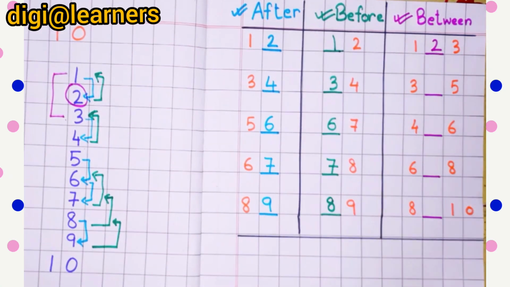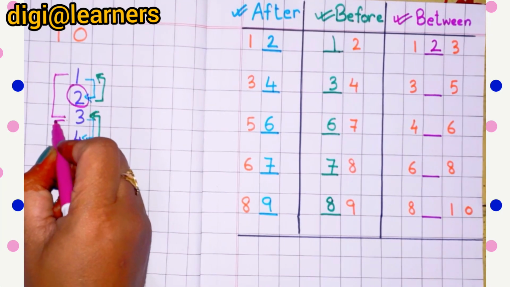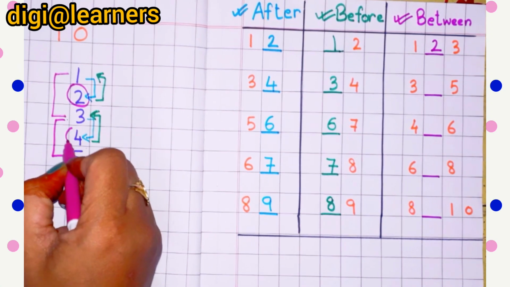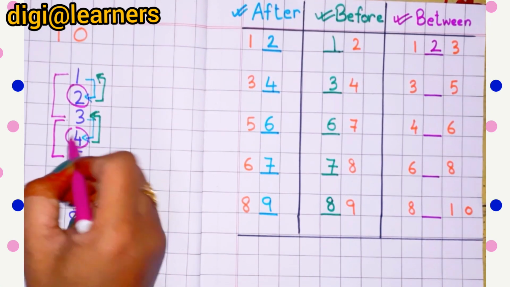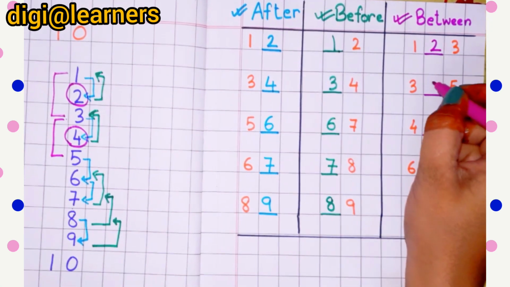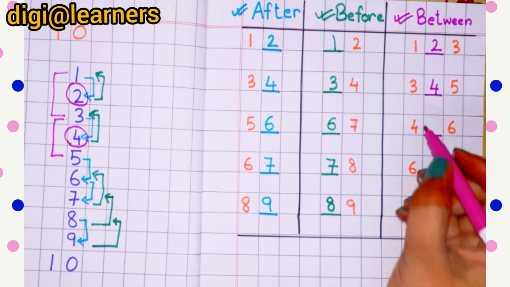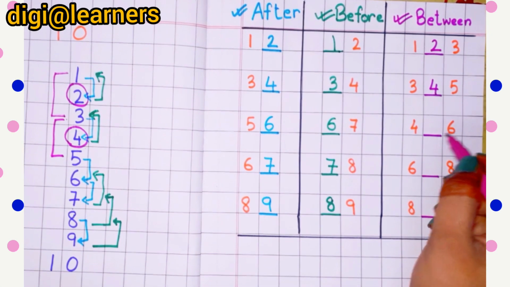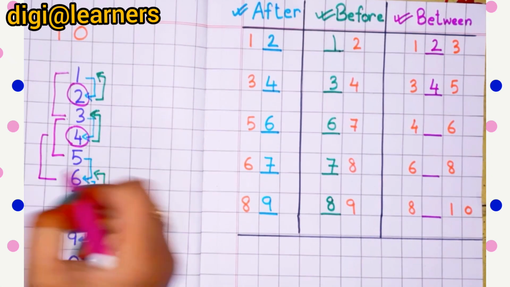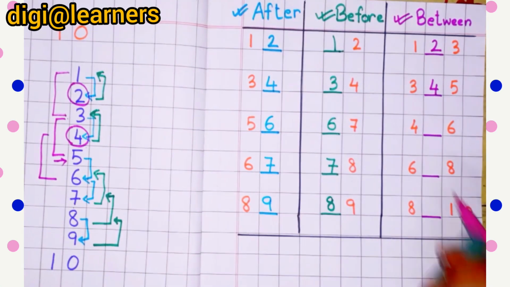Similarly 3 and 5. Now what is coming between 3 and 5? You see 4. You will write that. Now 4 and 6. What is coming between 4 and 6? It is 5.